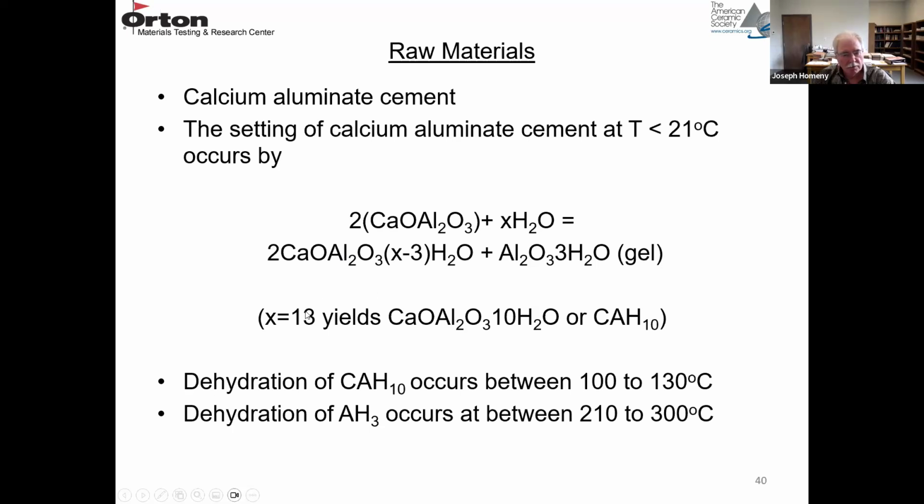So X is going to be 13. So now you're going to end up with CaO, Al2O3, 10H2O. So there's a substantial amount of water in this product, and that's CaH10 in cement notation. So CaH10 is going to decompose between 100 and 130 degrees C, and the hydrated alumina AH3 again is 210 to 300 degrees C.